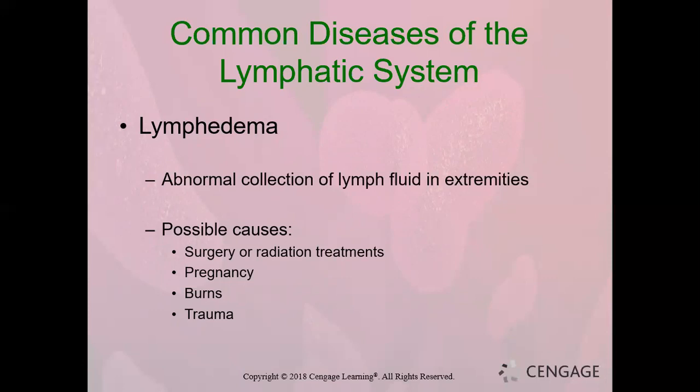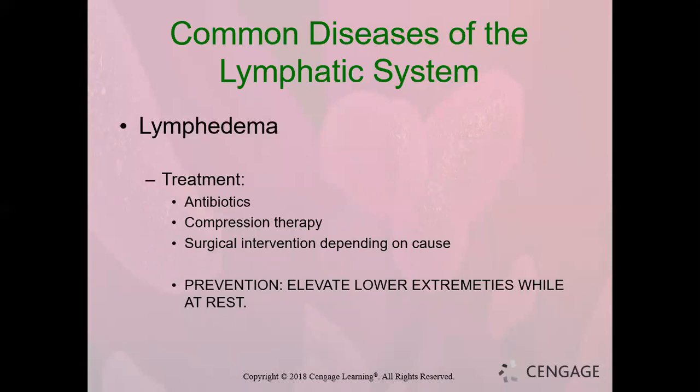There's all sorts of things that can cause lymphedema. Treatments: antibiotics, compression therapy, surgical intervention sometimes if it gets really bad. For me, they just told me to elevate my leg, and I wore compression socks for a while. I still have problems with this, but usually if I wear some compression socks and put my leg up, it'll get better.